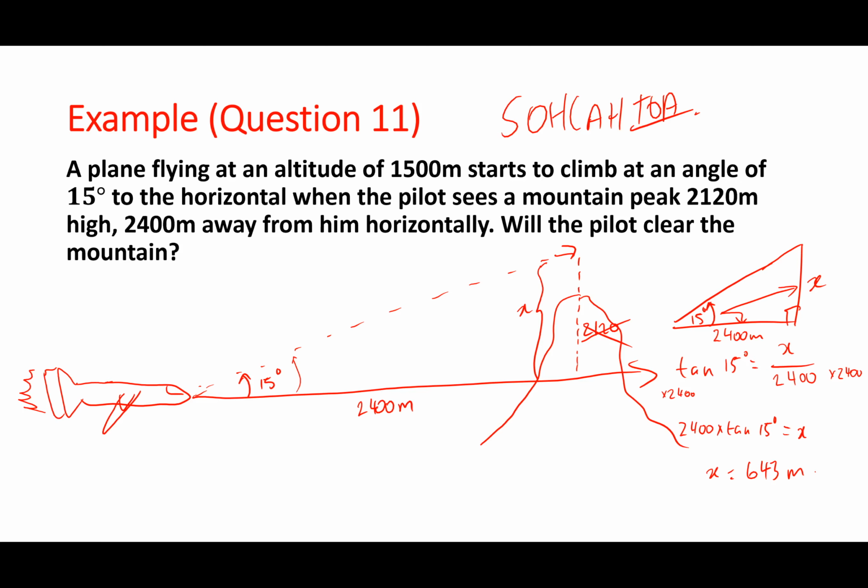So automatically you might be thinking, well, that means he's going to hit it, doesn't it? Well, not quite. Remember, he already started 1,500 meters in the air. And the top of this mountain, from the ground, was 2,120. So how much extra does this 643 make the pilot in height before he passes that mountain?